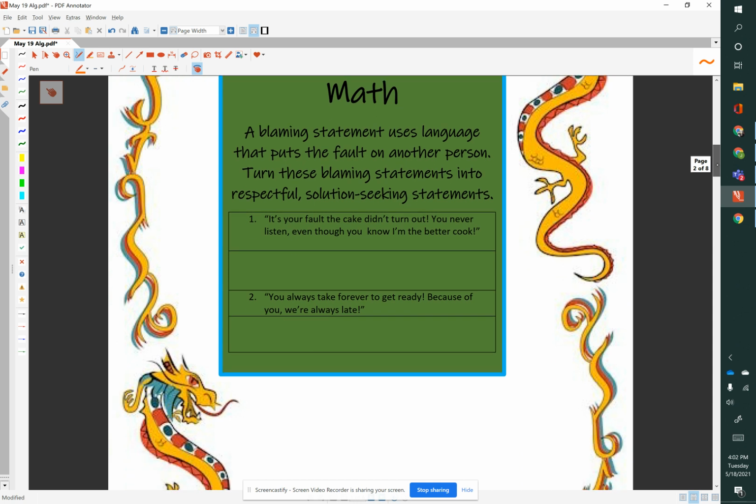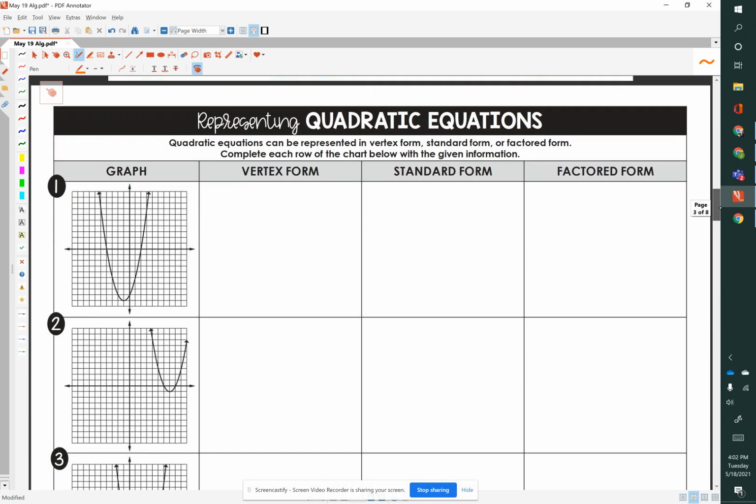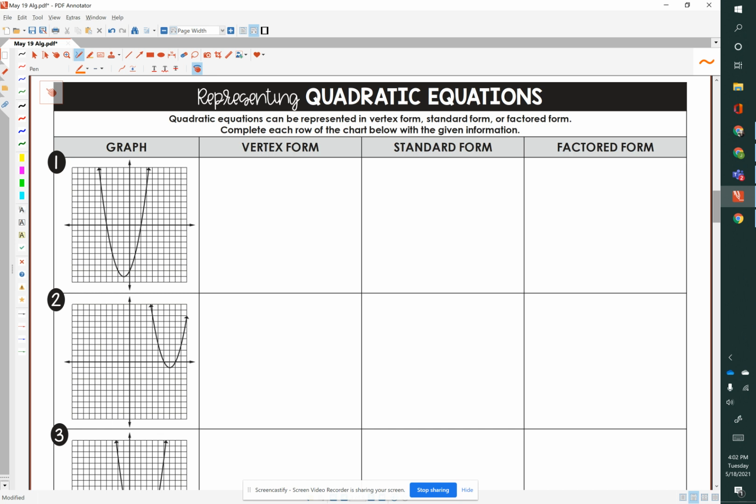So I'll leave you to your Do Now so I can get right to the lesson, which is representing quadratic equations. We will represent them in vertex form, standard form, or factored form. We're going to complete each row of the chart with the given information.